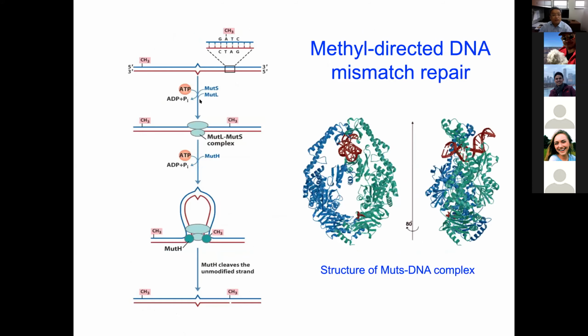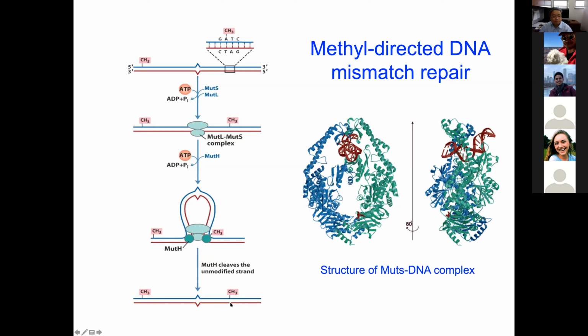We want the two methyls. So this MutS and MutL will actually bind to the mismatched region, and then this DNA loops out, until it recognizes that sequence, which contains one methylated adenine and the other one not methylated. And then it will cut the one not methylated. That is how it works.